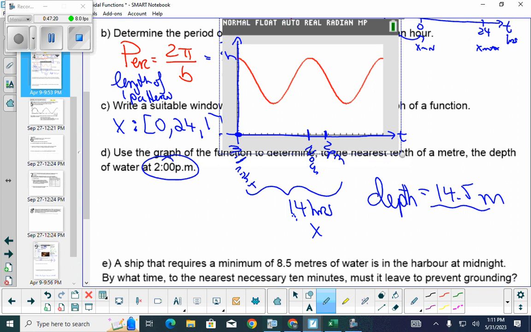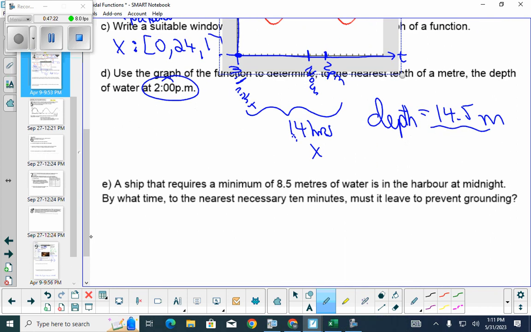All right. It says a ship requires a minimum of 8.5 meters of water in the harbor at midnight. By what time, to the nearest 10th, must it leave to prevent grounding?